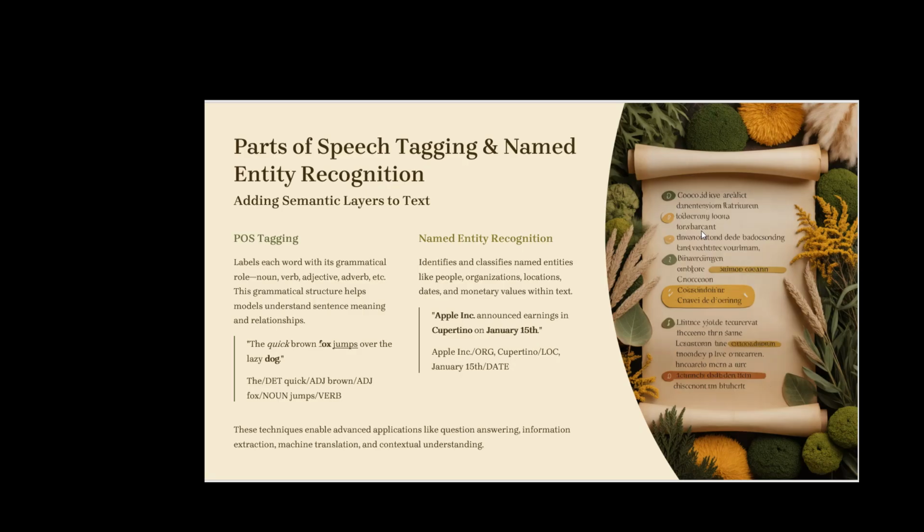It is very important for a machine to firstly understand which part of speech a particular word actually lies in, and which named entity a particular word actually stands for. This is very important in cases where there is a word that can fall under two or more parts of speech.